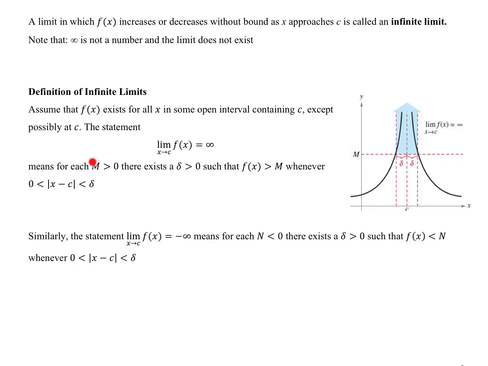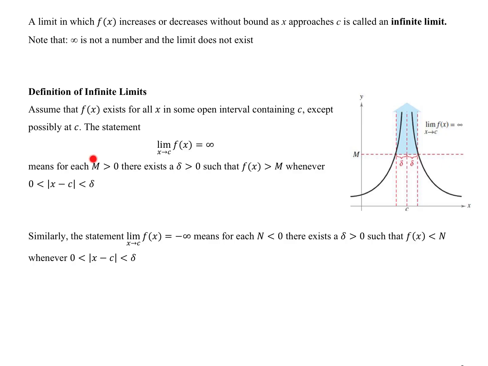For each M greater than 0, there exists a delta greater than 0, such that the function value f of x is greater than M whenever the absolute value of x minus c is less than delta and greater than 0. So what does that really mean?